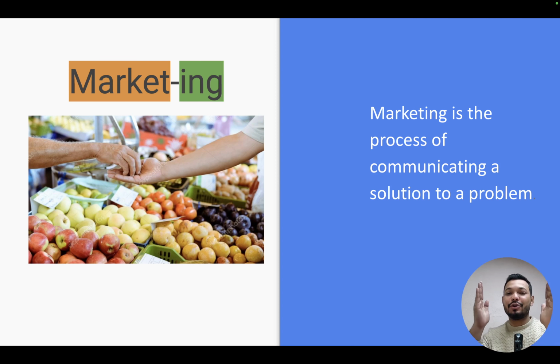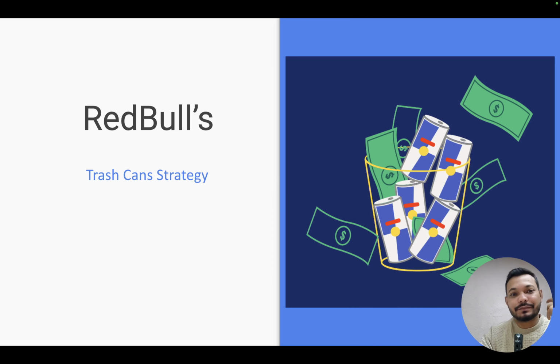So marketing is all about joining these two parties with each other. It's the process of communicating a solution to a problem, right? So it's all about communication. Whenever you are doing marketing for any brand, what exactly you are doing is communicating the brand's message to a customer. So you're basically joining these two parties with each other, and that's all marketing is.